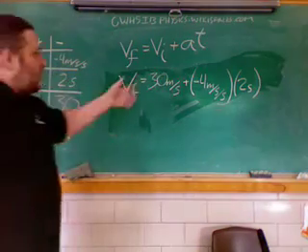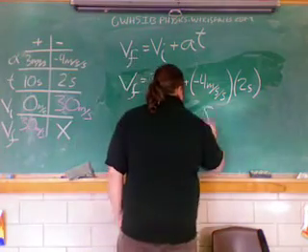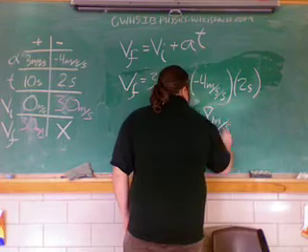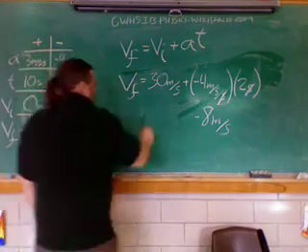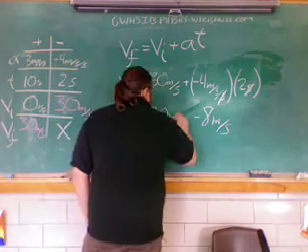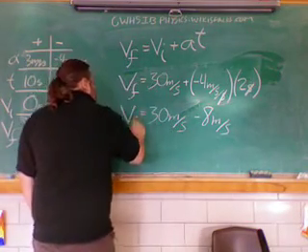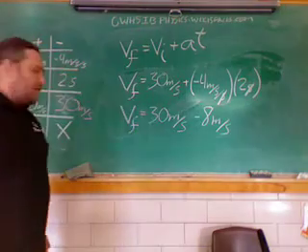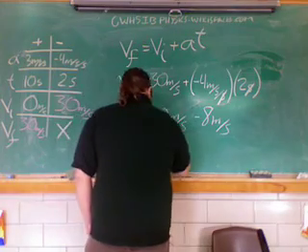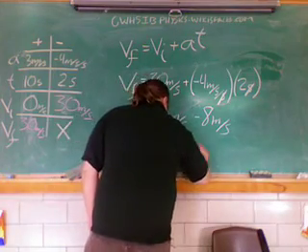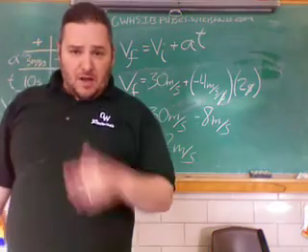Okay, so -4 times 2 is going to give me -8. One of those seconds is going to cancel. And now I'm left with 30 meters per second minus 8 meters per second, which gives me my final velocity. So my final velocity is 22 meters per second. Okay?